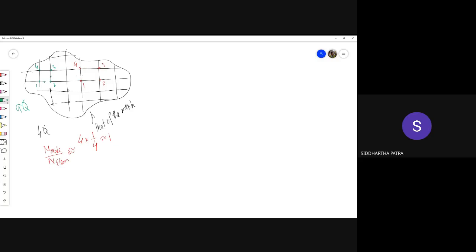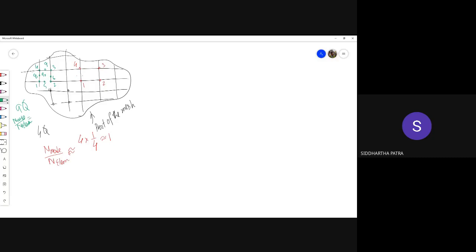Then there would be 4 more nodes, 5 6 7 and 8. Each is shared between 2 elements. Node number 6 is shared between only 2 elements, and the 9th node is not shared with anyone.